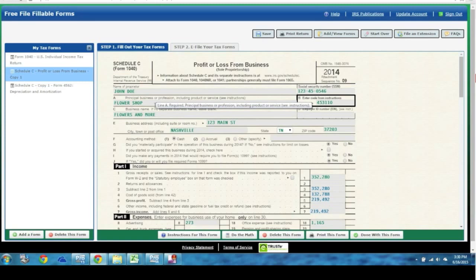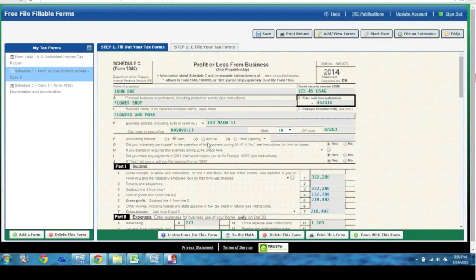For instance, if you have a construction company, if you're building homes for people, you right here, the accounting method, you're probably filing on the completed contract method if you're a small home builder, which is a totally different way of filing your taxes than cash or accrual.